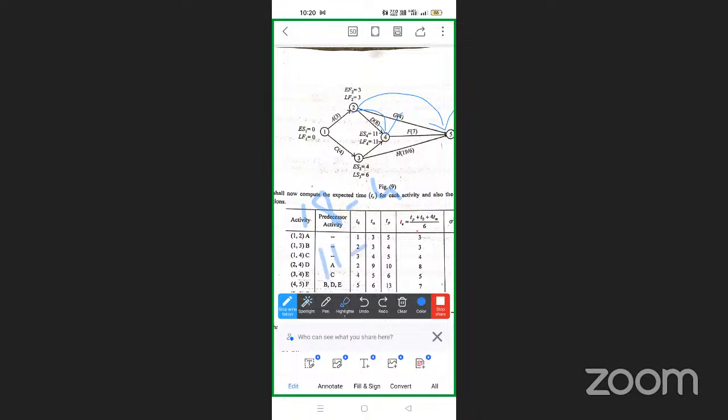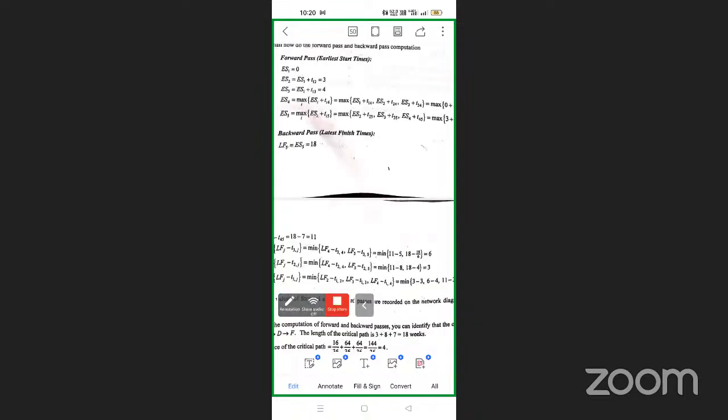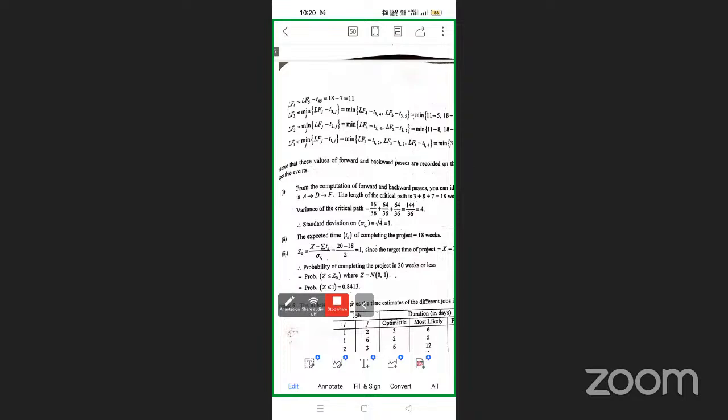So LF2 is equal to 3. Next, this is 0 always, LF1 is equal to 0. So these are the forward pass and backward pass computations, same as the previous class. Next we can identify the critical path.